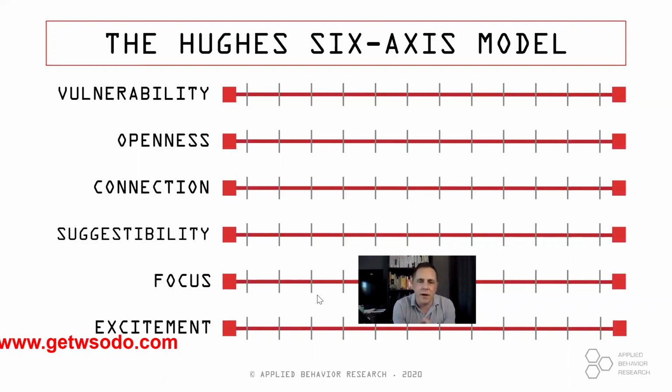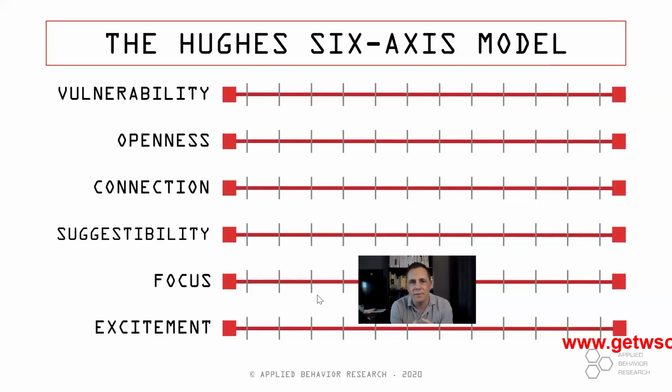But if you think about it, what did we do with elicitation? If we're going through all of these elicitation techniques, they're making them say things that they never say. They're making them open up completely. They're making them connect with us because we're expressing that altruism. They're making them more suggestible because they're in a completely new environment.